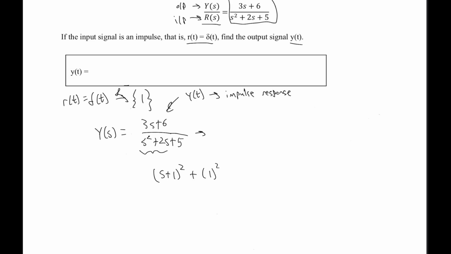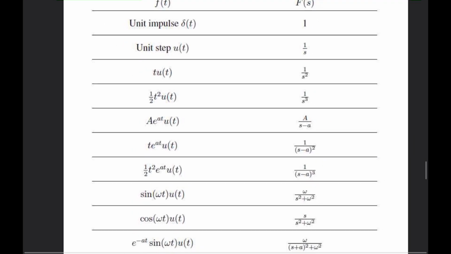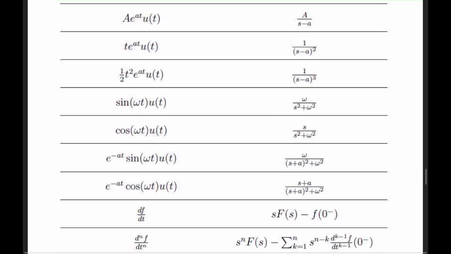The reason we want that is because that's one of the forms of sine and cosine.